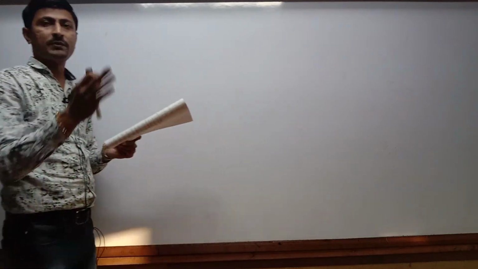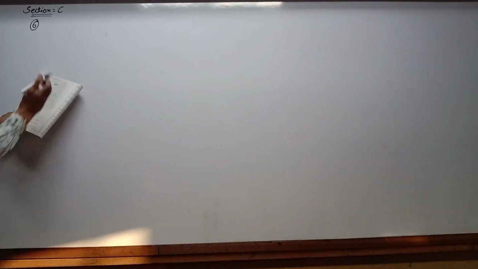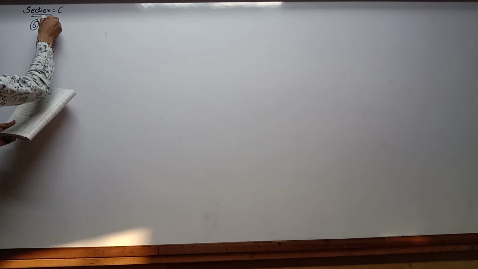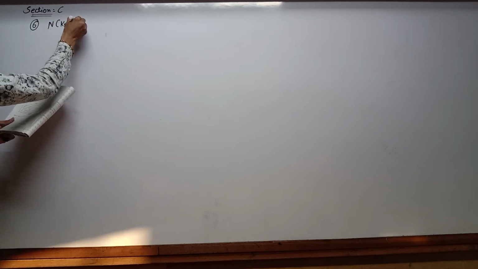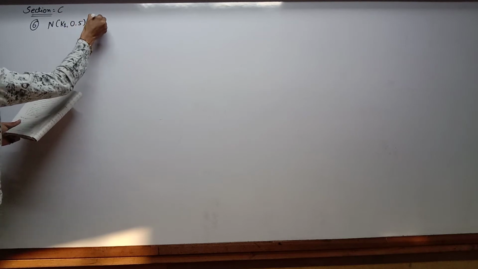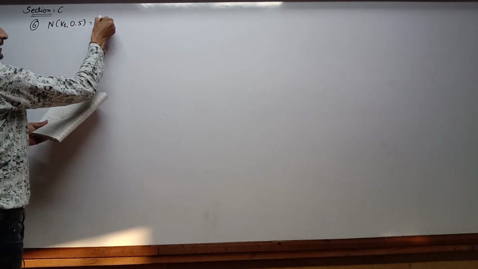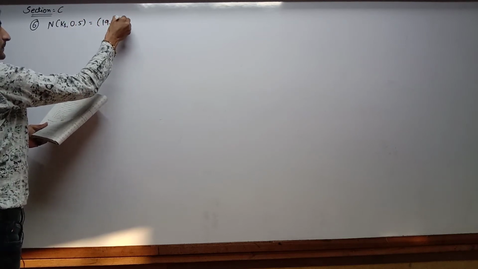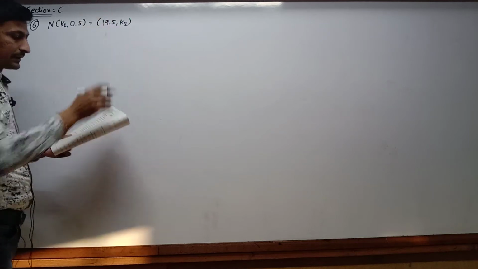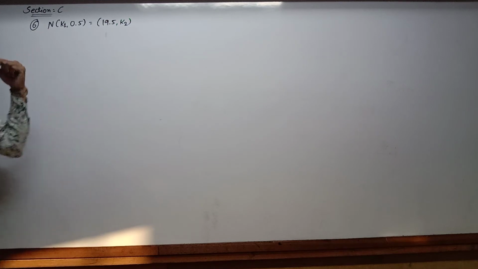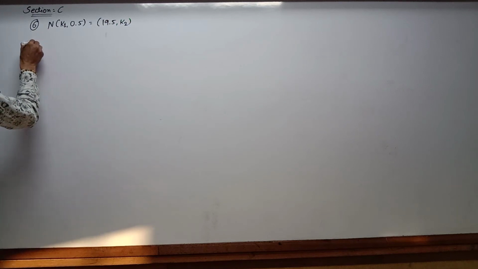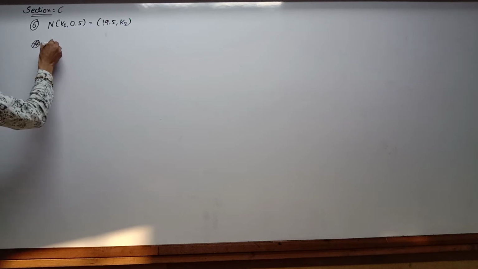One is neighborhood form given and the other is interval form. Capital N in bracket K1 comma 0.5 and 19.5 comma K2. What will we do? Do both comparisons in their forms.